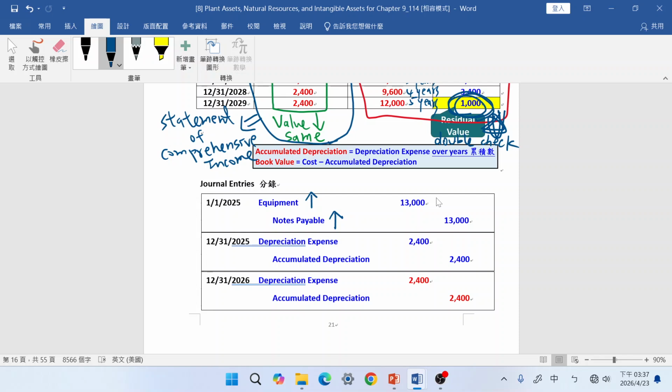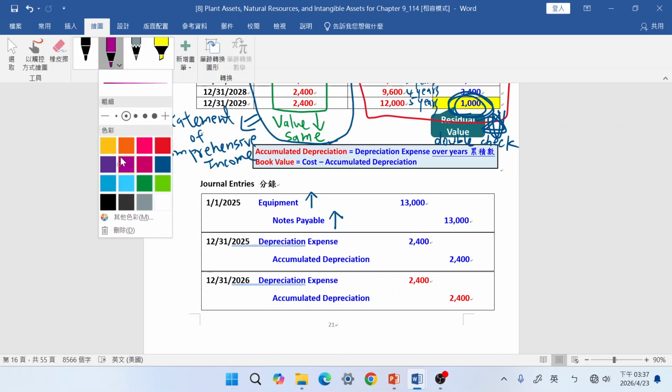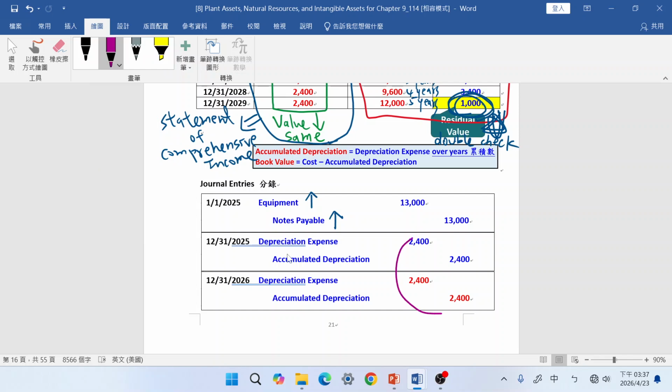How about the last two? We do the depreciation, right? And which method do we use? Straight line method, right? So you expect the number to be the same, because you use the straight line method, okay? So each year, your value decreases the same.